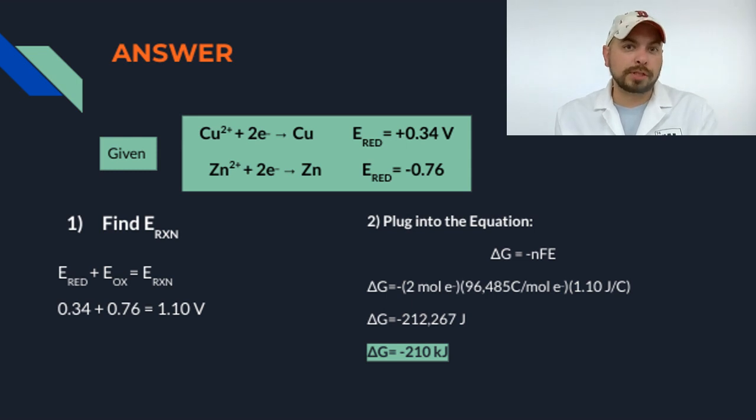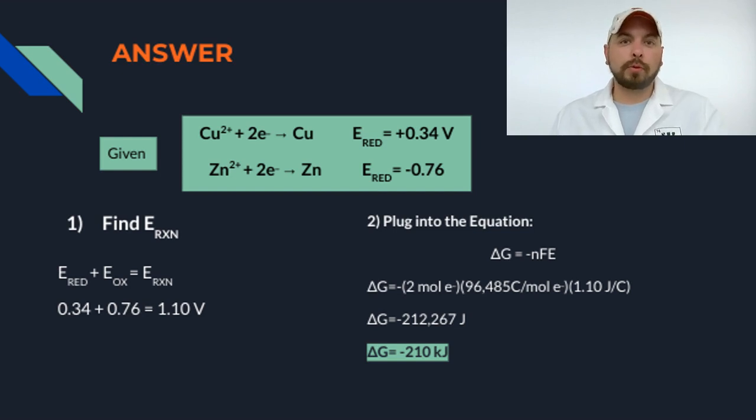Then we get to voltage. Now, one thing to keep in mind, voltage has a unit, which is joules per coulomb. So a volt is 1 joule for every 1 coulomb. That means that in the end, our number that we get is in the units of joules. All right, be careful with that.